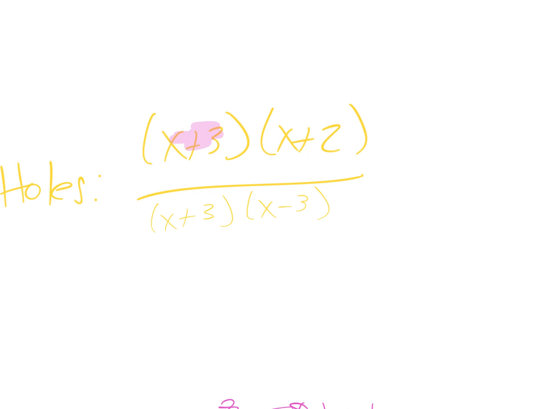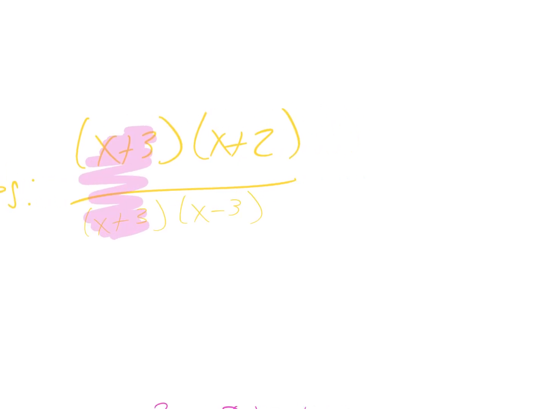The x plus 3. This is what you set equal to 0. That's where the hole is. So you would tell me x plus 3 equals 0. So there's a hole where? There's a hole at x equals negative 3. You have to be specific with the x's and the y's, guys. There's a hole at x equals negative 3.